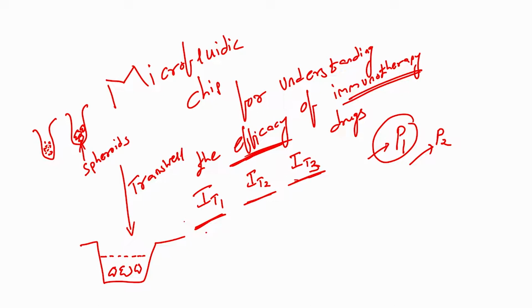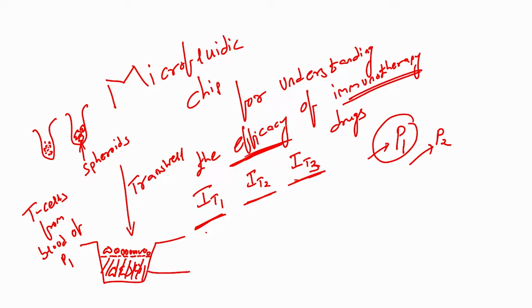Then I will take the T cells, I will extract T cells from the blood of the patient, that is patient 1, and I load T cells here. Now, these filters are such that the T cells cannot go through this filter, and these cancer cells or spheroids are covered with matrigel.